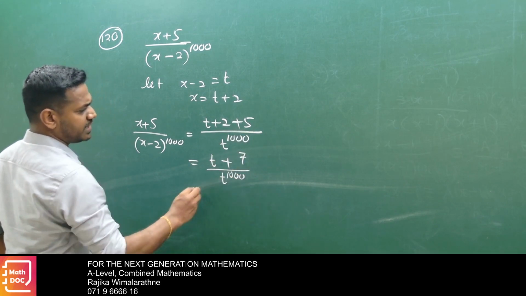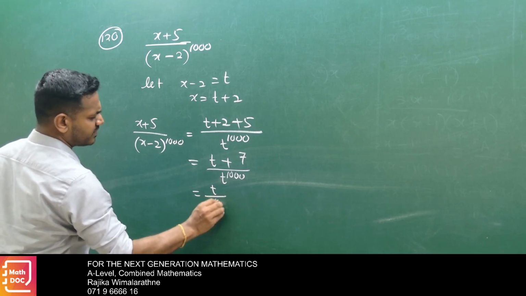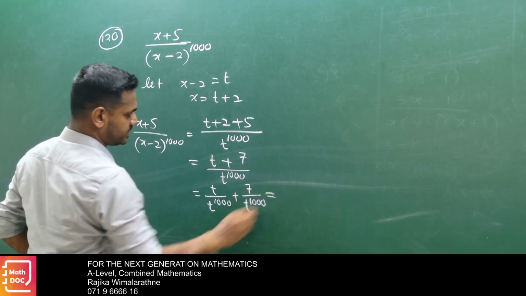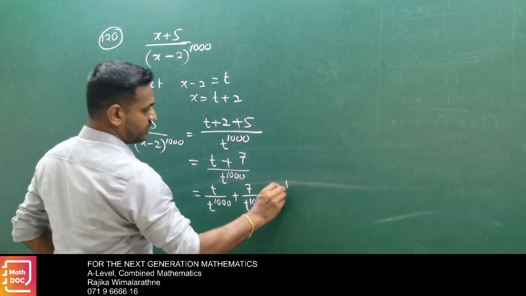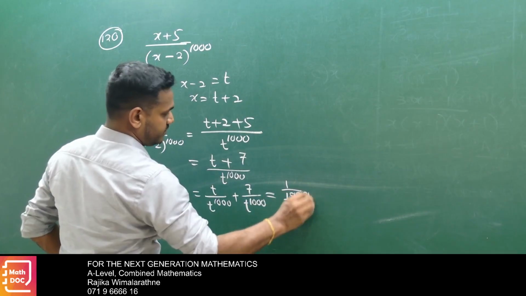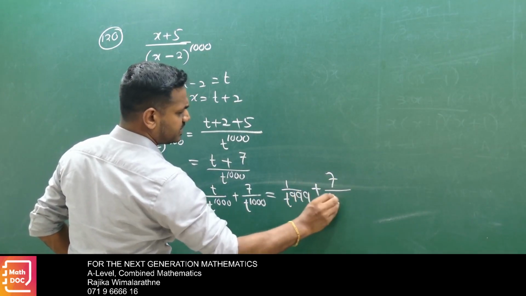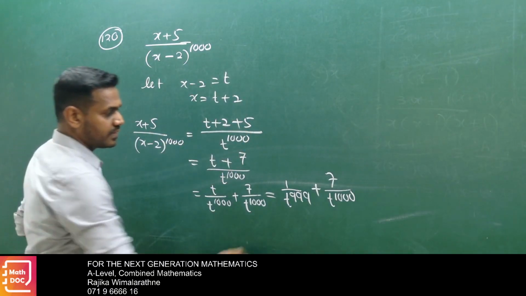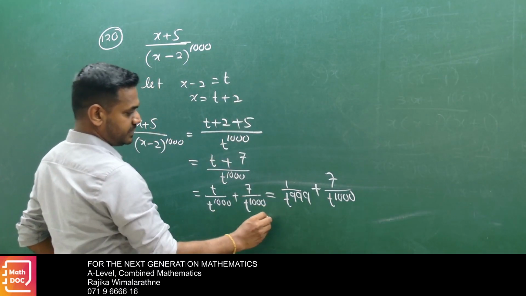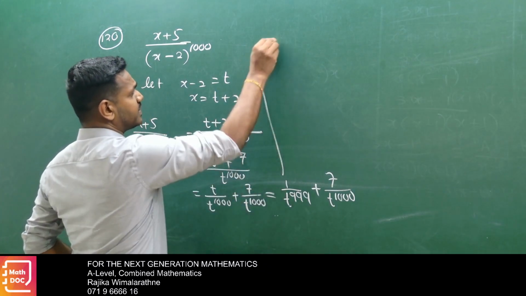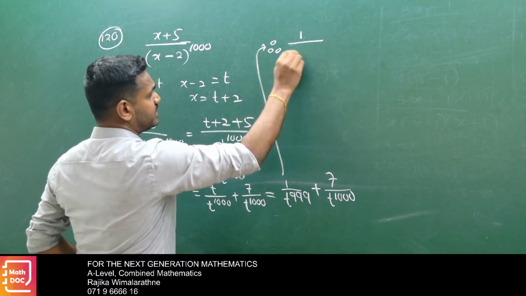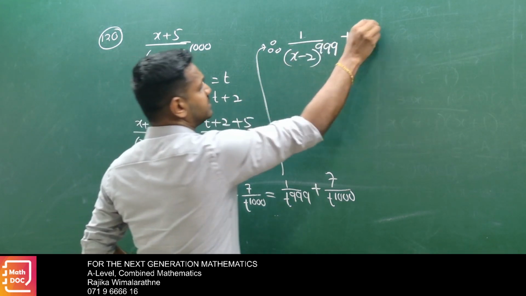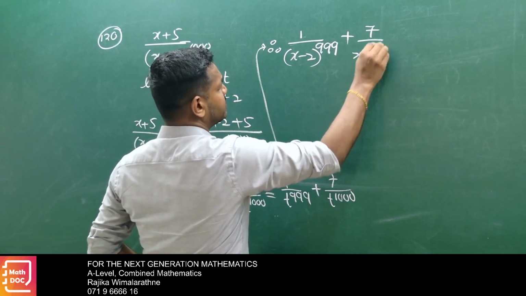Now separate the denominator: t over t to the power 1000, then cancel to get 1 over t to the power 999, plus 7 over t to the power 1000. Now just replace t again, t means x minus 2, no? Therefore, 1 over (x minus 2) to the power 999 plus 7 over (x minus 2) to the power 1000.